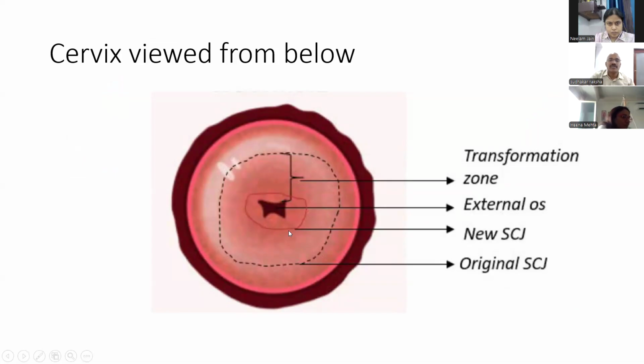The central portion is the endocervix, which is lined by columnar epithelium. In between, there is a transition from squamous epithelium to columnar epithelium. This is the transition zone, or the transformation zone, where we will get the cancer of the cervix.